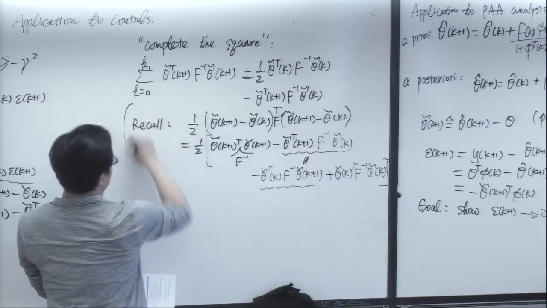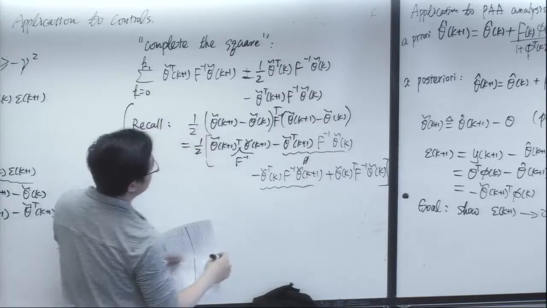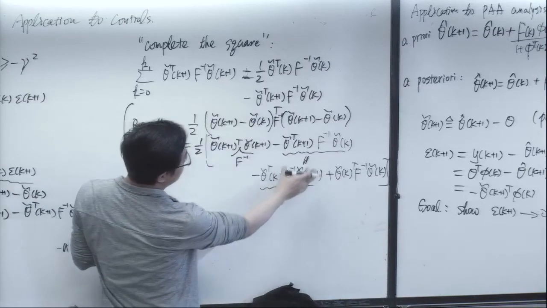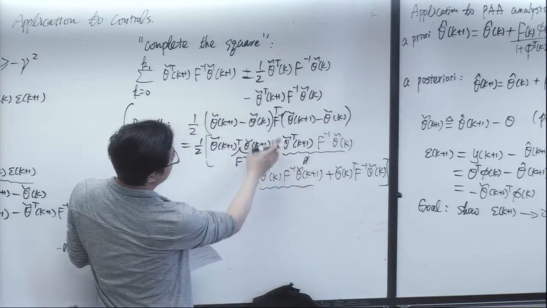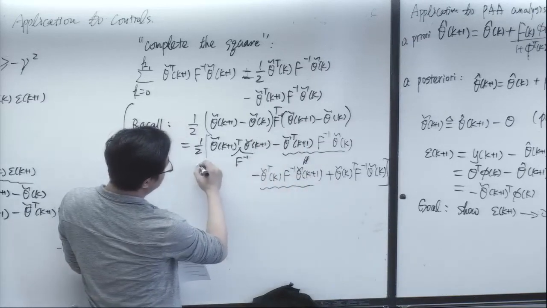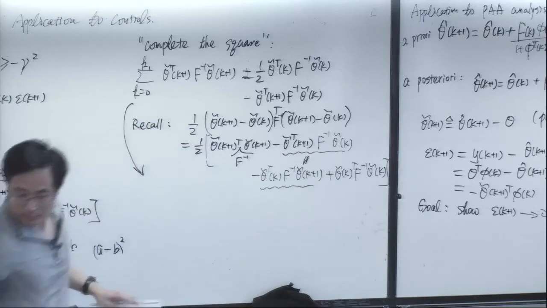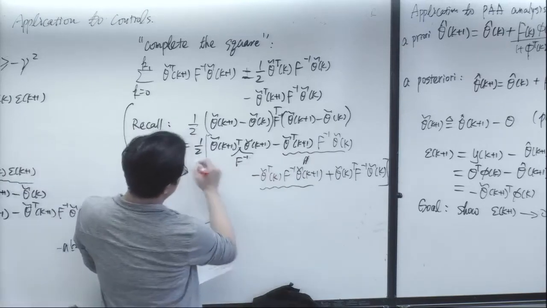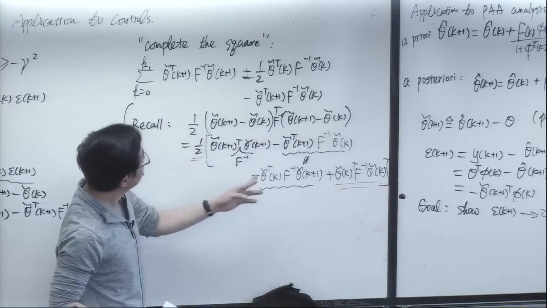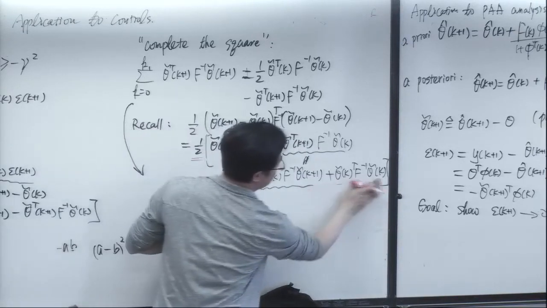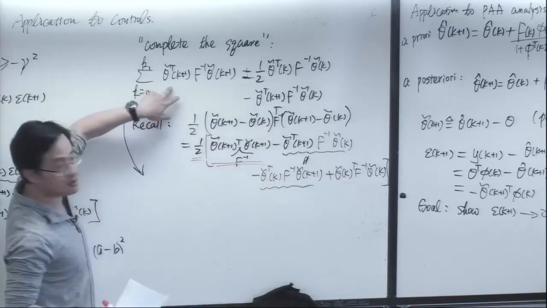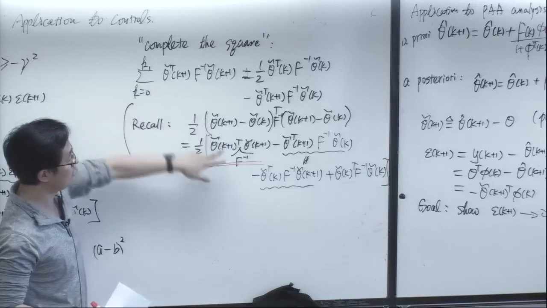So this is going to give us, now let's look at this a little bit carefully. We need to create this. You see what we need. We need half of not this term. We need half of the first big term over here.